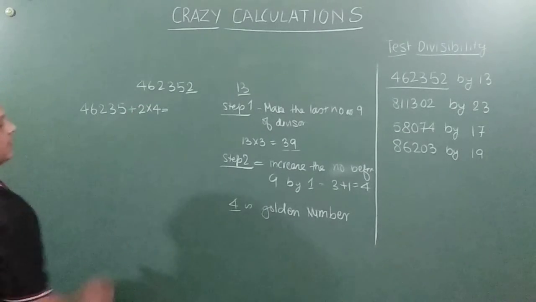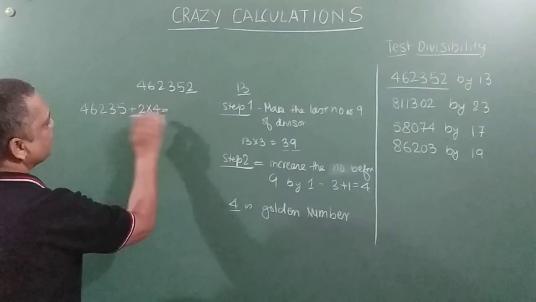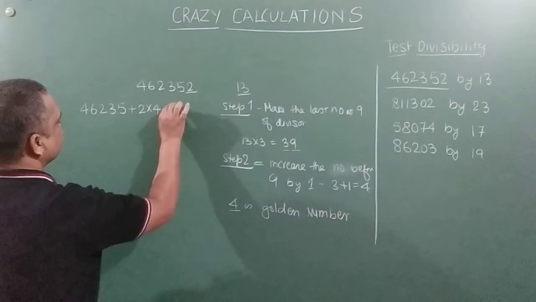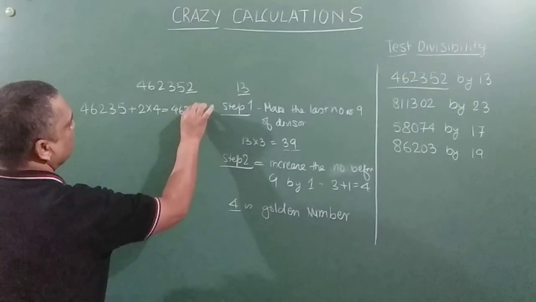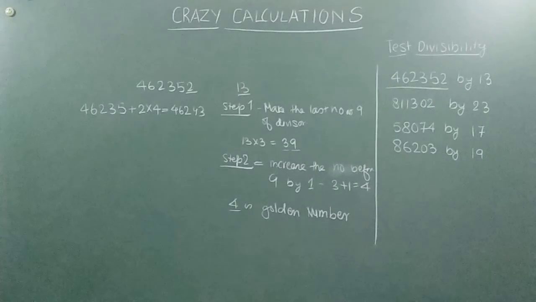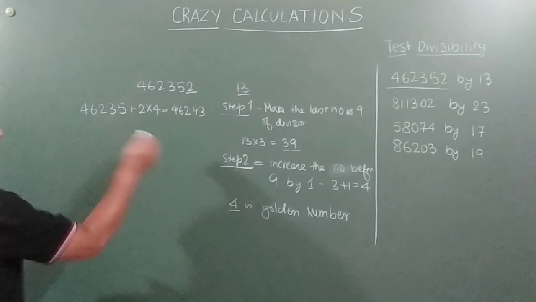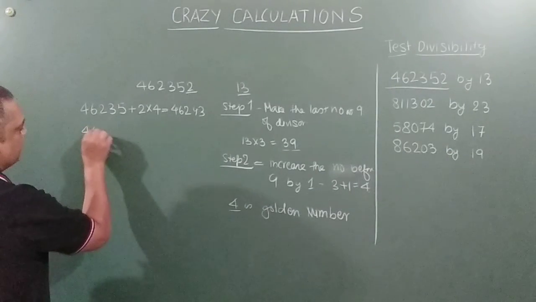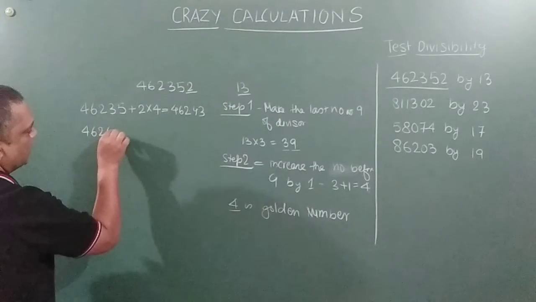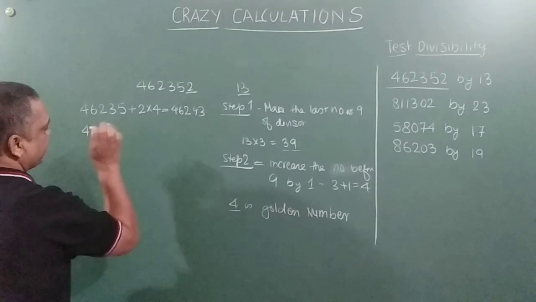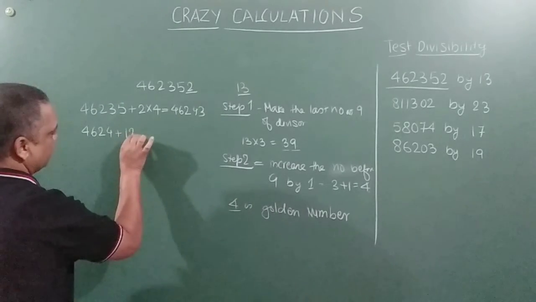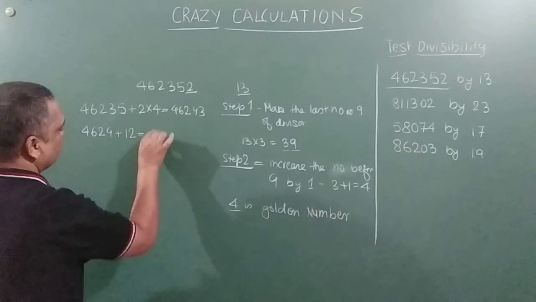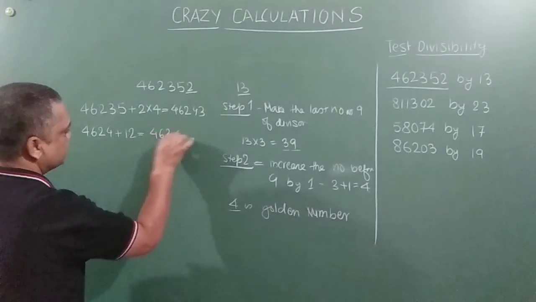Write down the sum here. That is equal to this plus 8. So it is 4, 6, 2, 4, 3. 35 plus 8 is 43. Now we move forward. 4, 6, 2, 4. Again leave the last number and write everything as it is. Last digit into the oscillator, that is 12. So 4, 6, 3, 6.